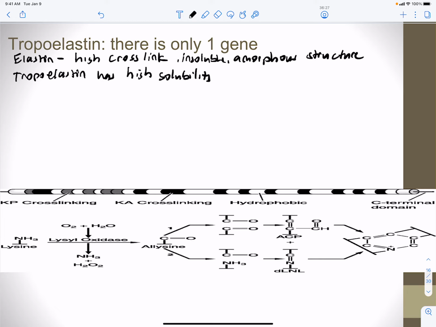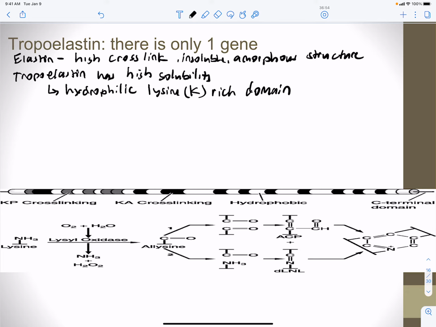And it's going to contain two types of alternating domains. It has a hydrophilic sequence rich in lysines and alanine.